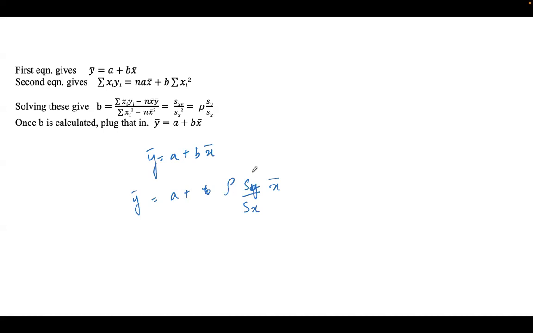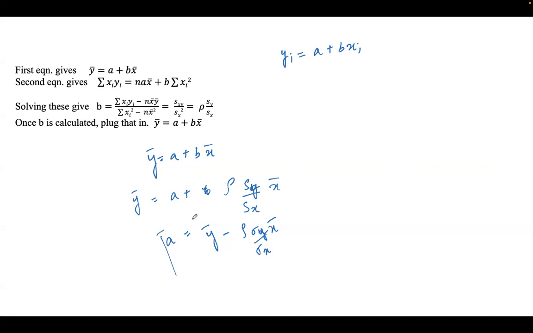Now, other than that, this is going to be valid for this also: a plus b xi, and we'll see y. Oh no, it's sigma y by sigma x, right?